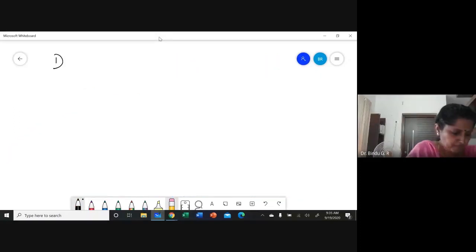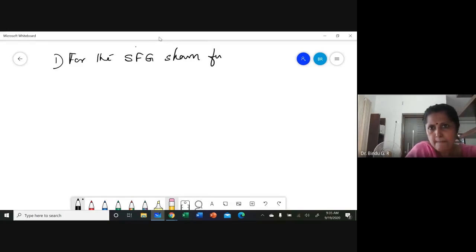First question. For the signal flow graph shown, find x5 by x1.